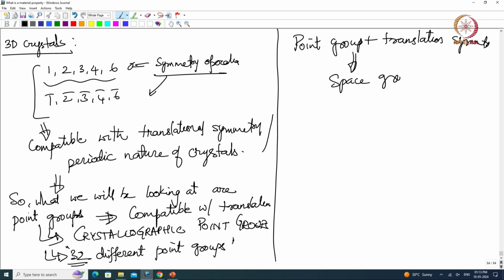I am going to talk about space groups very briefly in a couple of classes from now. Every crystalline material will have a corresponding space group associated with it. Now, for every space group there is an underlying point group.